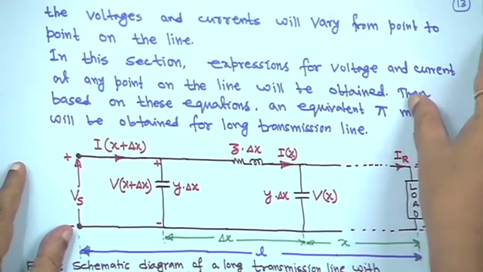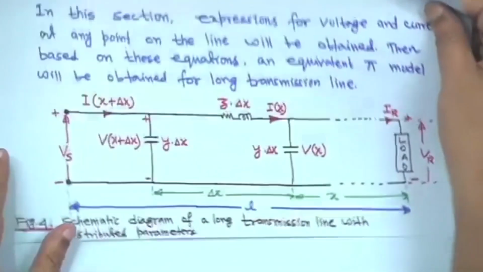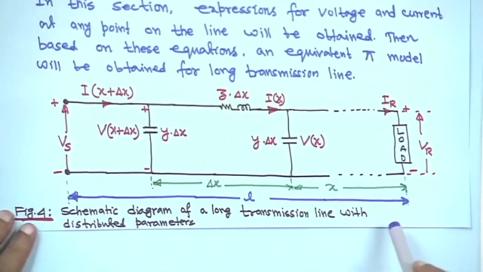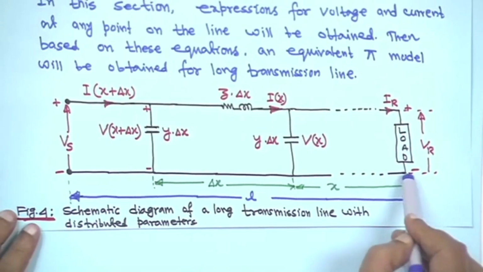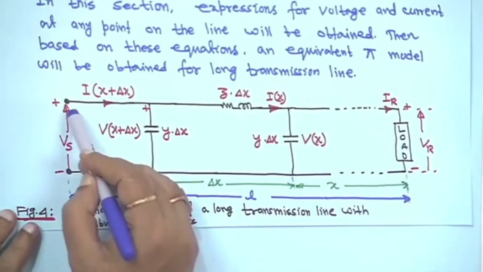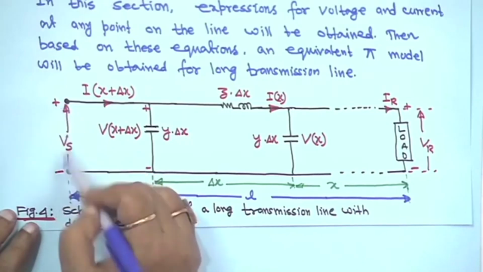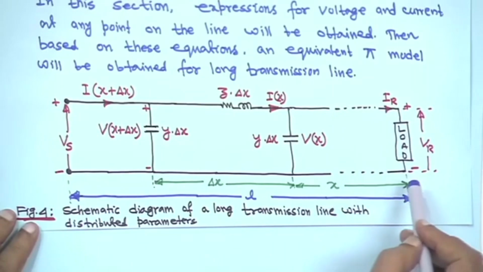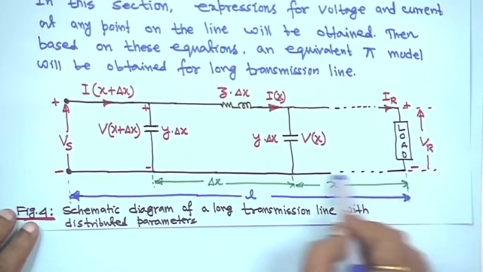Now, before going to this, first look at this diagram. This is a long transmission line. This distance we are measuring from the receiving end to the sending end. This is the sending end voltage Vs, with plus minus polarity shown. This is Vr. This dashed line means a long line, and from this side we are measuring the distance.